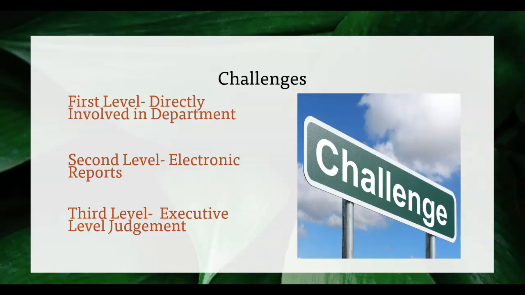While they might be able to give us information that we're in need of, they really don't have an idea of what goes on at the executive level, and they may not know the regulations and the policies that are involved in the whole process. So they're only seeing their view as a department view. So they might not have a good idea of what's going on.